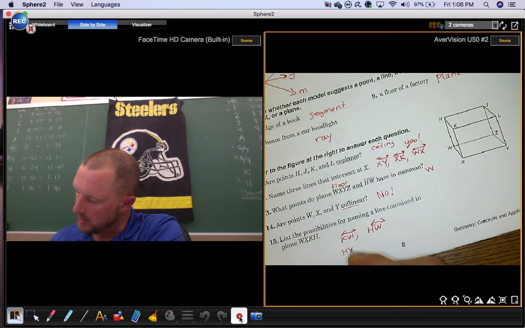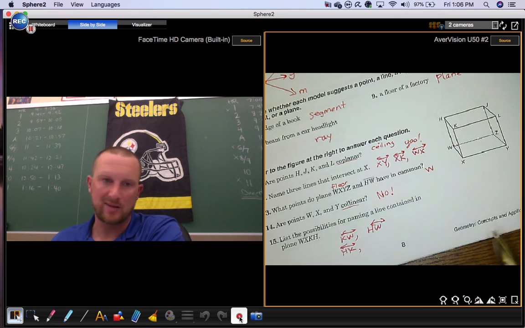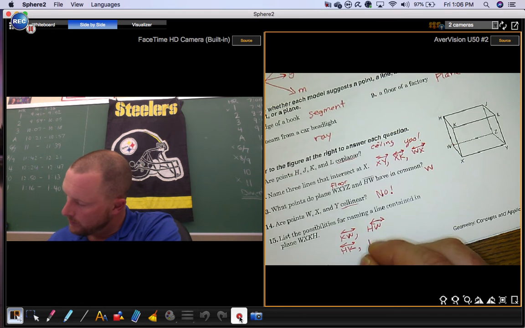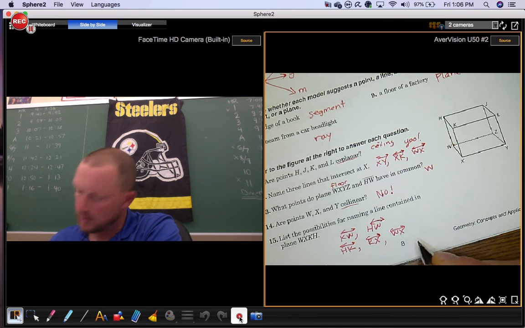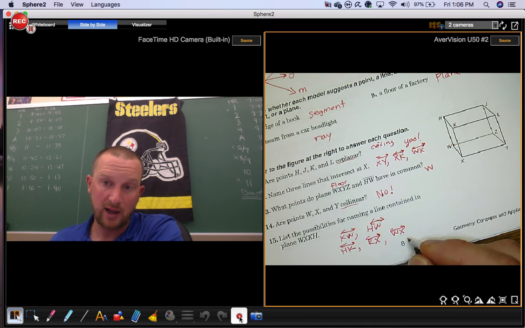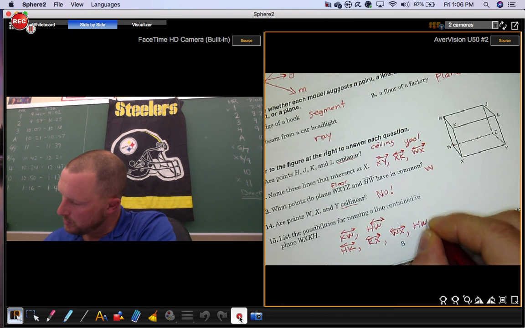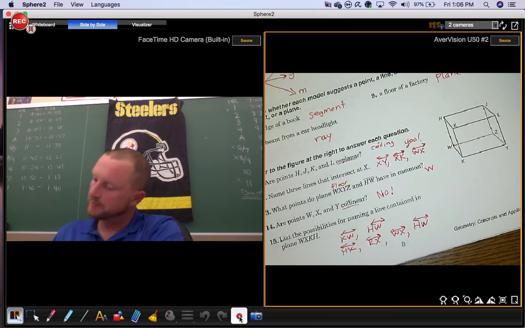So segment HK, I'm saying segment, but you can write it as line also. If you wrote it as segment, I wouldn't mark it wrong. Segment KX, segment WX, I'm saying segment and writing line. Line WX, line HW. Okay, so those are all of your lines.